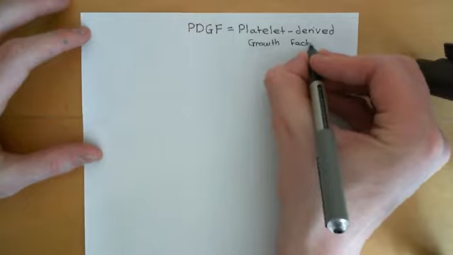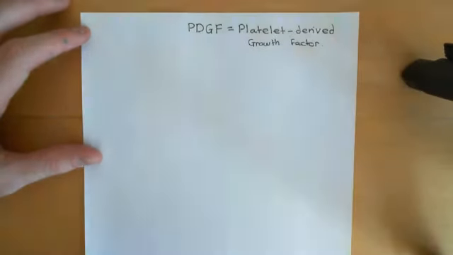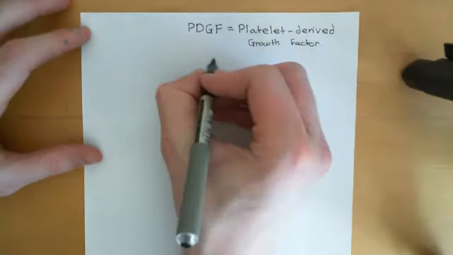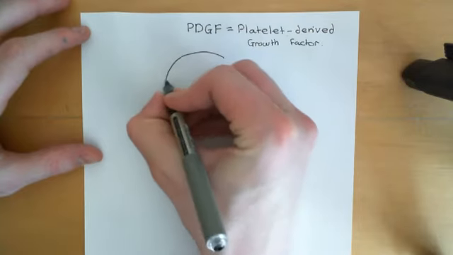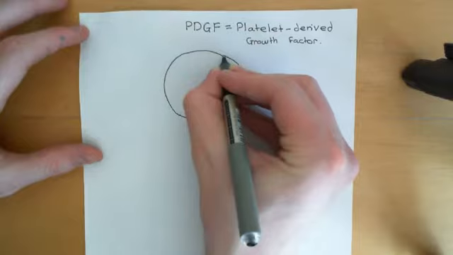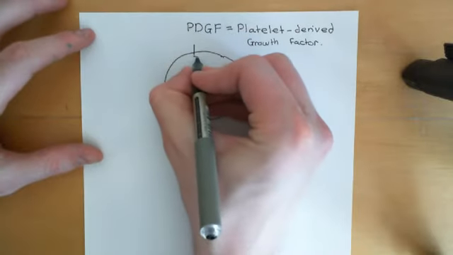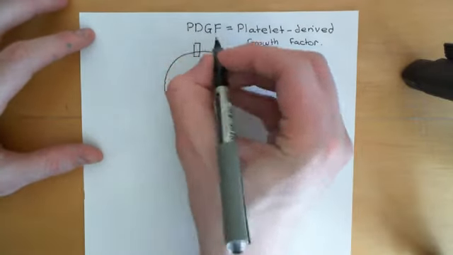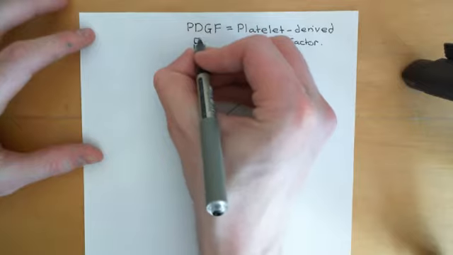So how does platelet-derived growth factor act on a cell? Basically, cells have receptors for platelet-derived growth factor. So I'll draw my cell here, and here is the receptor for platelet-derived growth factor. It's a receptor tyrosine kinase.